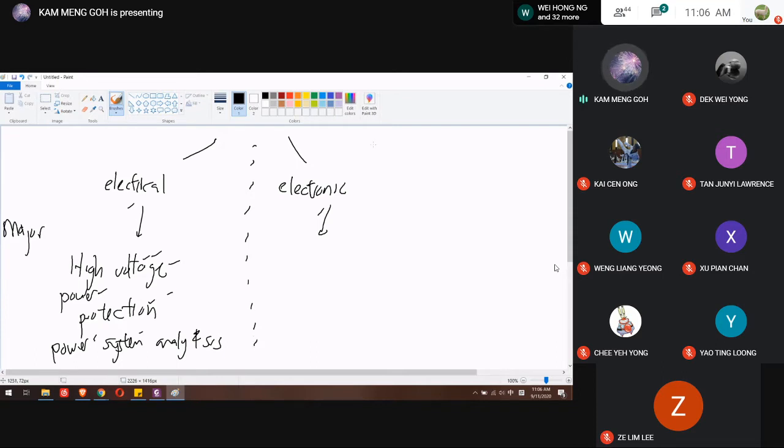On the other hand, if you choose the electronic, you are going to deal with microelectronics or maybe integrated circuits. What is this about? In electronic, you are going to design a microchip.